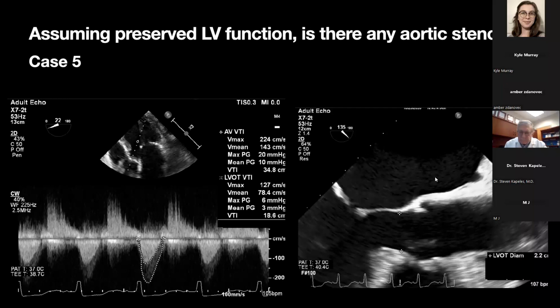Oh, we got a number that doesn't make sense. Okay. That's 2. I got 2. Okay. So that's what you actually get. And your dimensionless index is 0.5, which is obviously there's no stenosis.